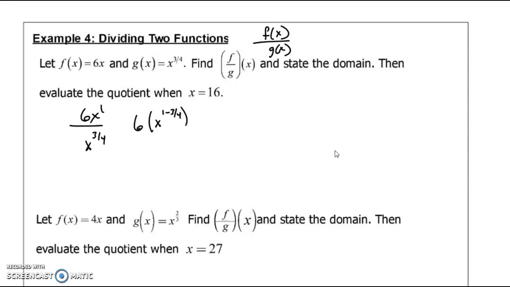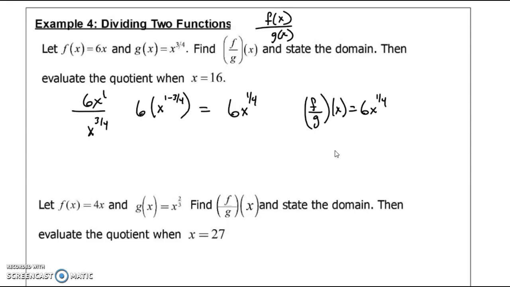So 1 minus 3/4. We still have that 6 just hanging out there. So we get 6, and then x to the 1 minus 3/4 is 1/4. So we can write it like that. And so I'm just going to put f over g of x equals 6x to the 1/4.